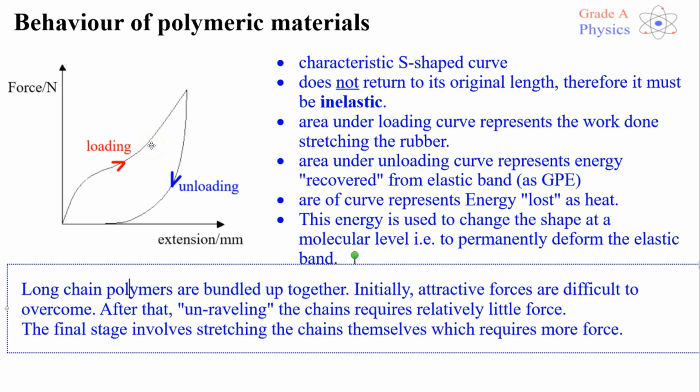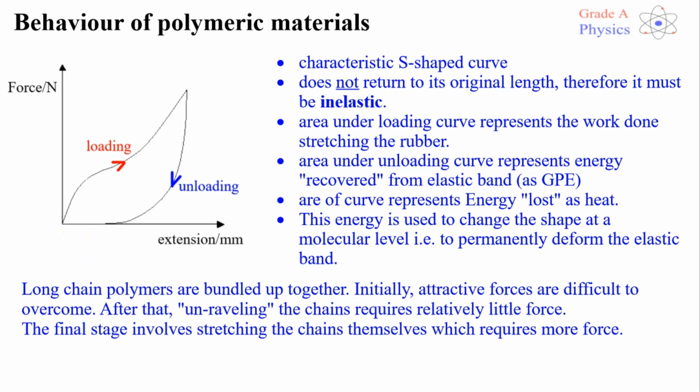But then we get to the final stage where we have those polymers at full stretch, and then we're stretching the chains themselves. We're not just unravelling them, and we're trying to work against the atomic bonds within the molecule. So that becomes more difficult again. So we have difficult to stretch, easy to stretch, and then difficult to stretch. This is why we get this particular S-shaped curve.